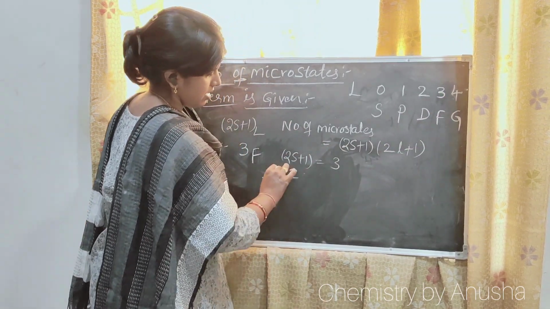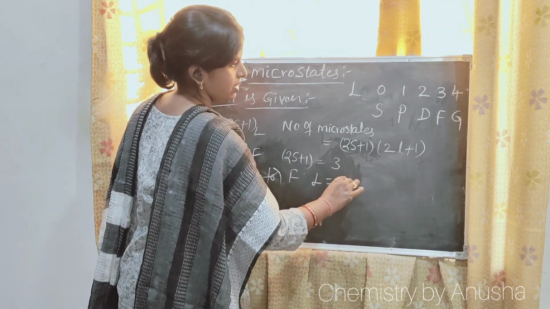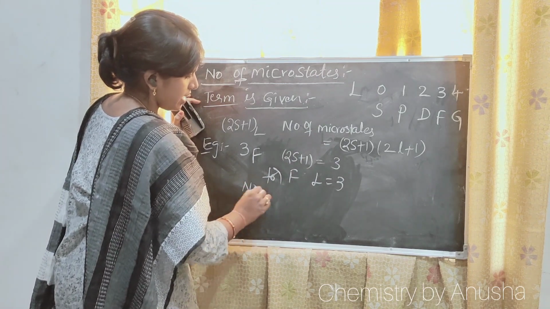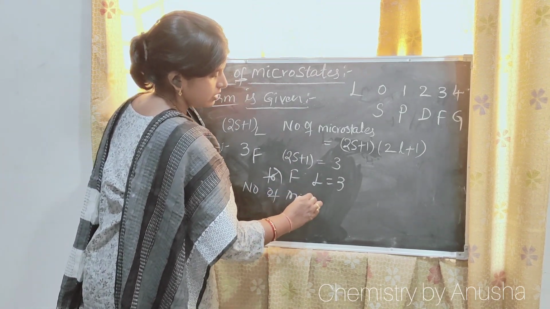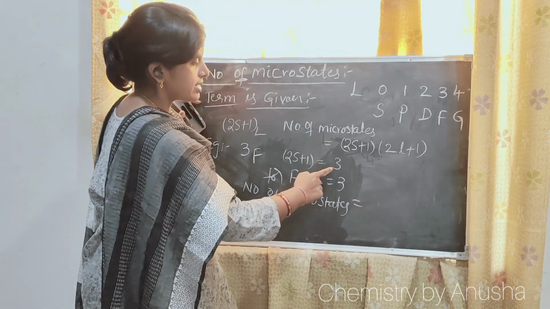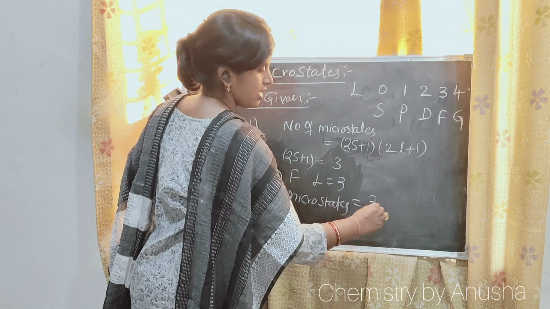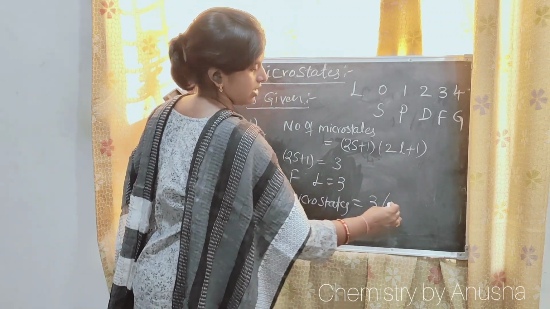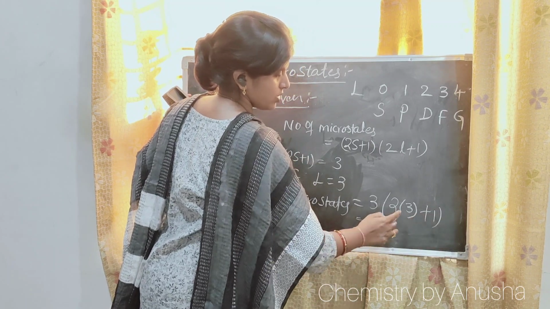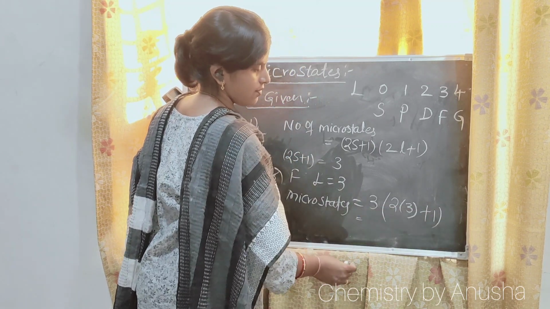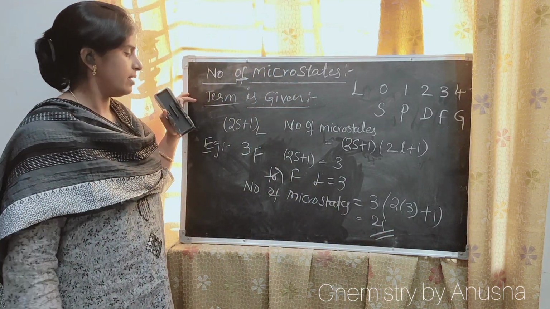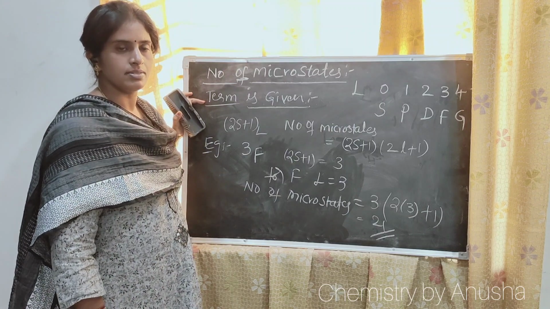Based on this, the number of microstates is equal to 2S+1, that is 3, into 2 into 3 plus 1. So 2 3s are 6 plus 1 is 7, and 7 3s are 21. The number of microstates for the 3F term is 21.